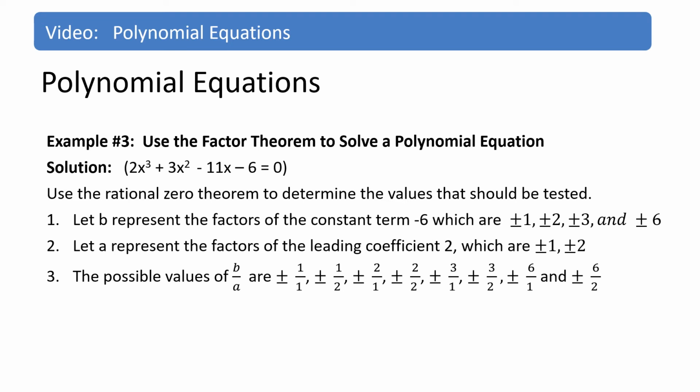We would get plus or minus 1/1, plus or minus 1/2, plus or minus 2/1, plus or minus 2/2, plus or minus 3/1, plus or minus 3/2, plus or minus 6/1, plus or minus 6/2. Now, we will test the values that we've just determined for B over A to find x, to find the zeros.